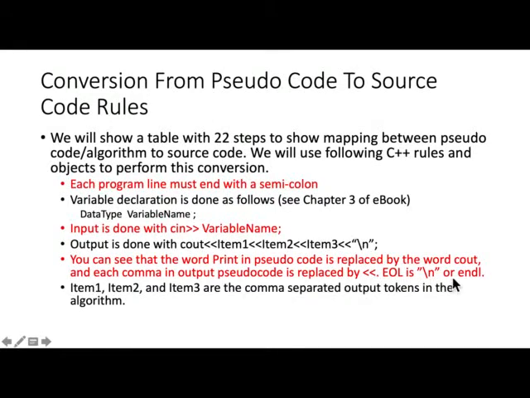EOL is \n or endl. Items 1, 2, 3 are comma separated output tokens in the algorithm. So with this, we show you a mapping table for algorithm and C++ source code.